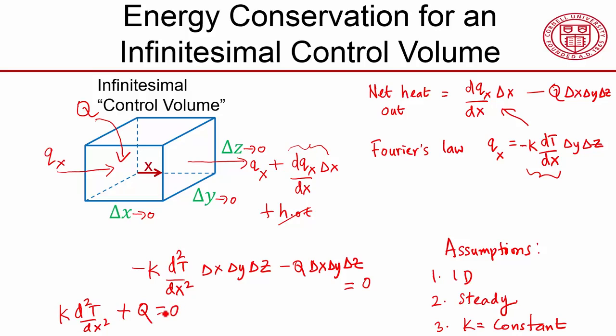That's called the heat equation, and it represents energy conservation for an infinitesimal control volume. That's the governing equation. This is going to be defined over the length of the bar, and we need to add in the boundary conditions, which I'll do when I summarize the mathematical model.